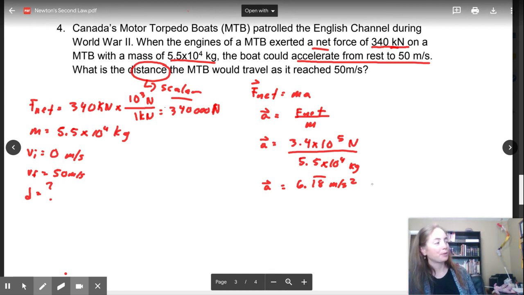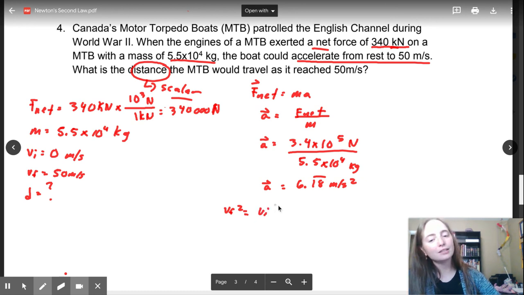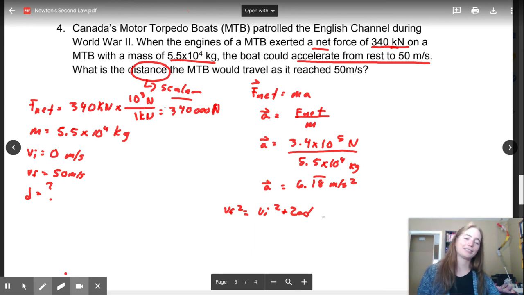Now, what equation do we want for our next step? We have acceleration, we got VI, we got VF. We're trying to find distance. If you said VF squared equals VI squared plus 2AD, you would be correct. So, ladies and gentlemen, VI is equal to 0.